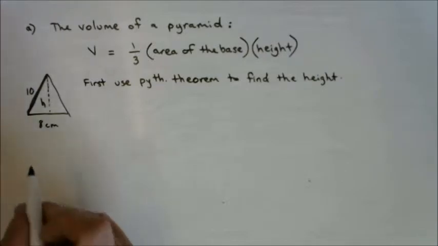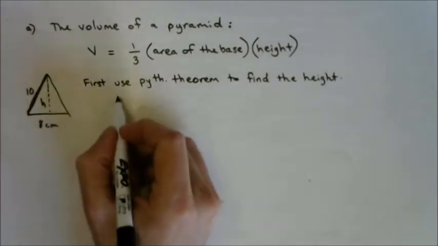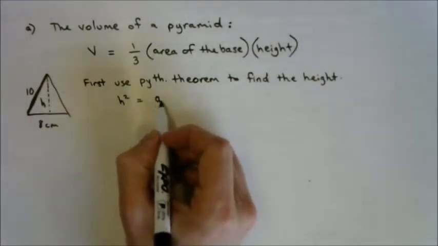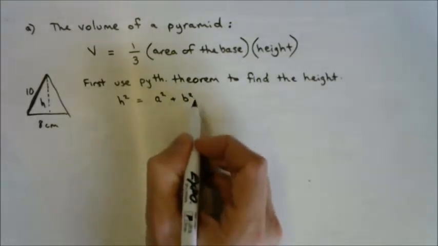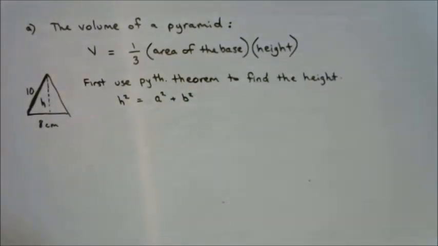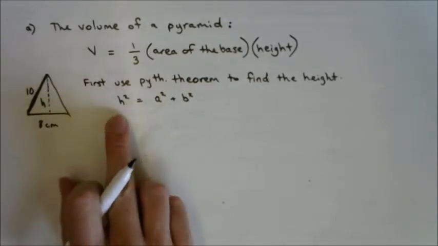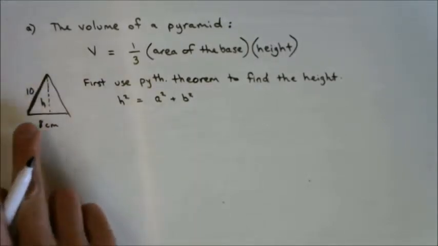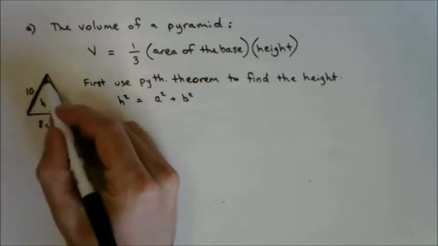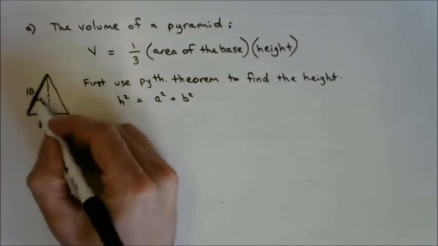Now, what else do I need to remember when I'm using the Pythagorean theorem? Oh, sorry, I did it wrong already. It's a squared minus b squared, because this is the hypotenuse.